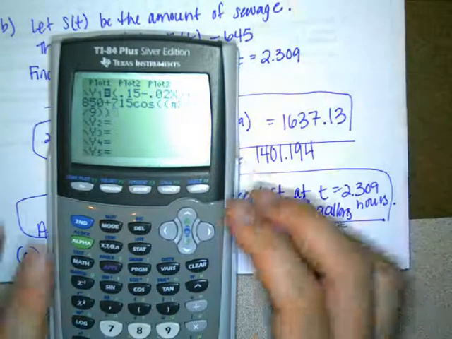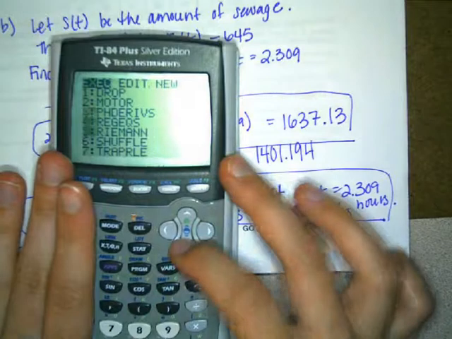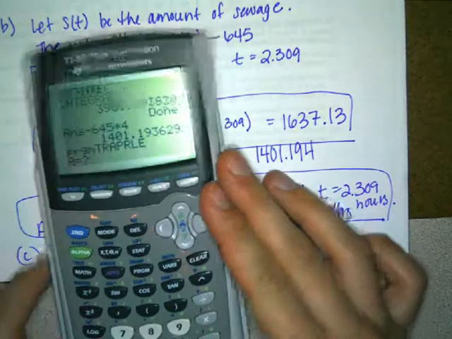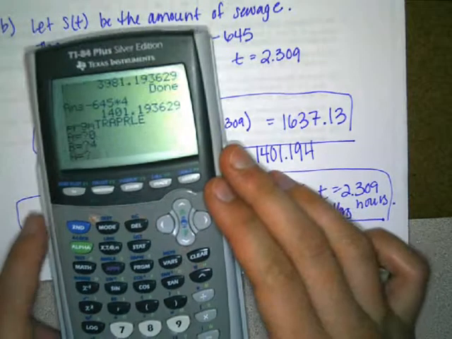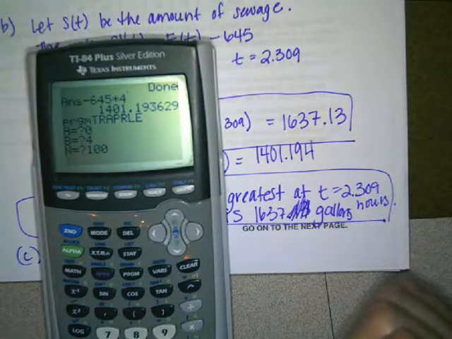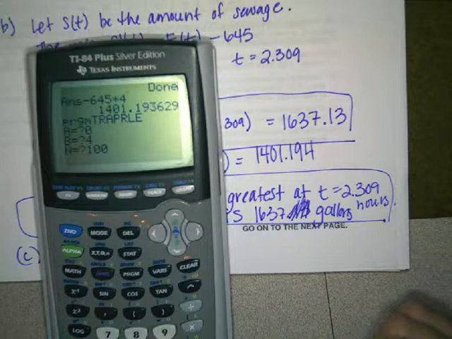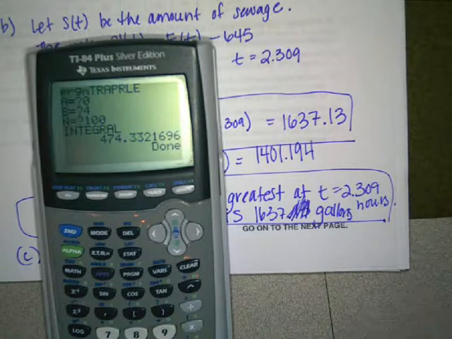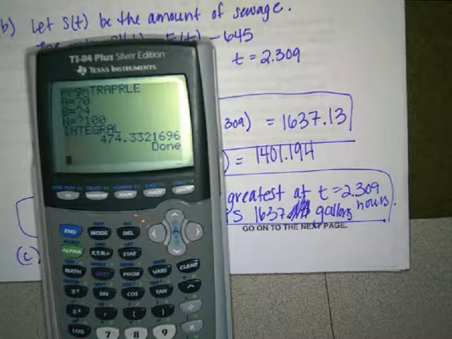So then if we run this program, or run the trap rule on that, from 0 to 4, that ends up being the cost: 474.33. Unless it tells you to round to the nearest dollar, so 474.